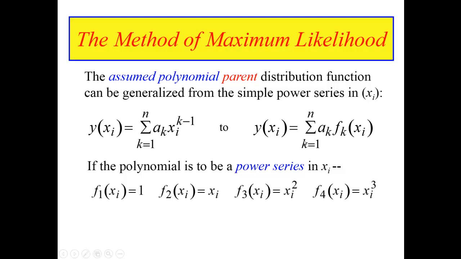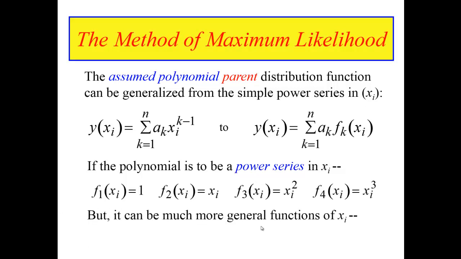And so if these f sub k's were to represent a power series, the traditional polynomial function that we're familiar with, then the first f expression would simply be 1 because that would represent the constant a1, and then f2 would be x, f3 would be x squared, and so on and so forth, including as many n terms as we thought were valid to use in a polynomial fit to our data set.